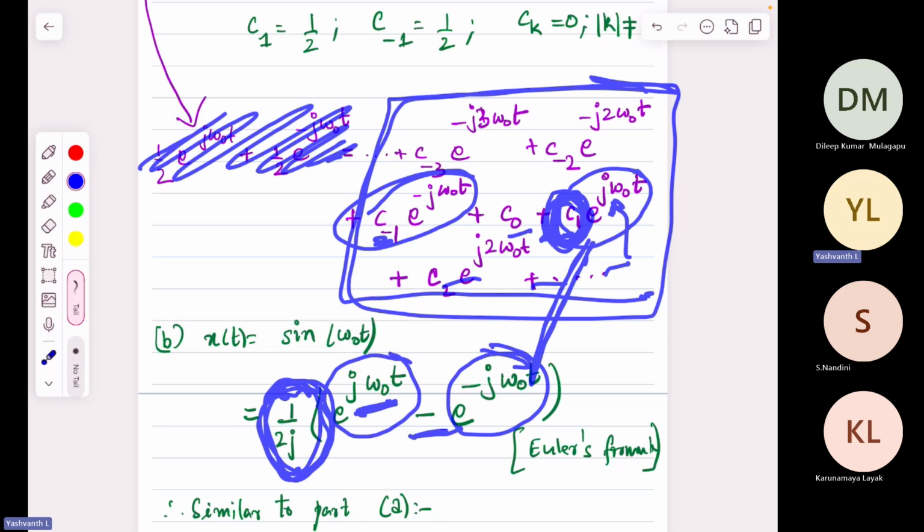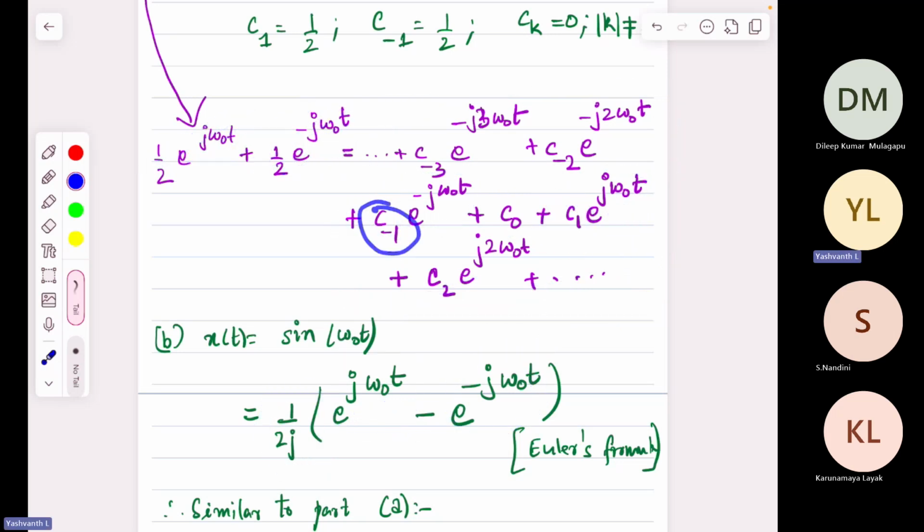Similarly, tell me what is the value of C minus 1? Can you please unmute and tell? You're saying the same. Is it correct? Is C minus 1 the same as C1? Yeah, with a minus, correct. You need it, because you have a minus here.